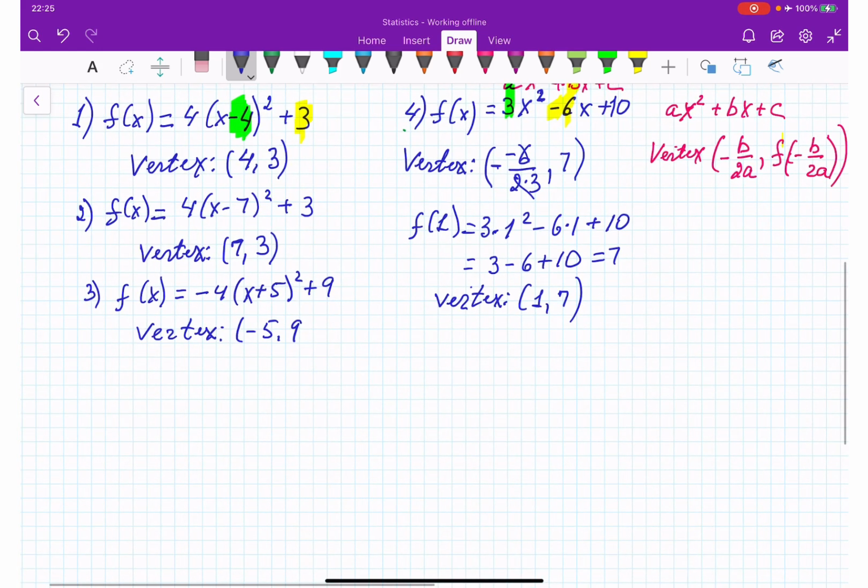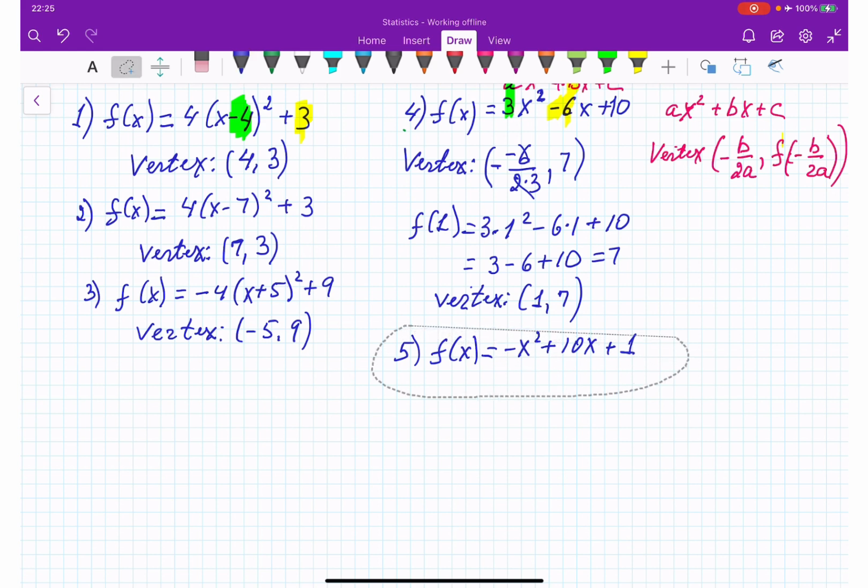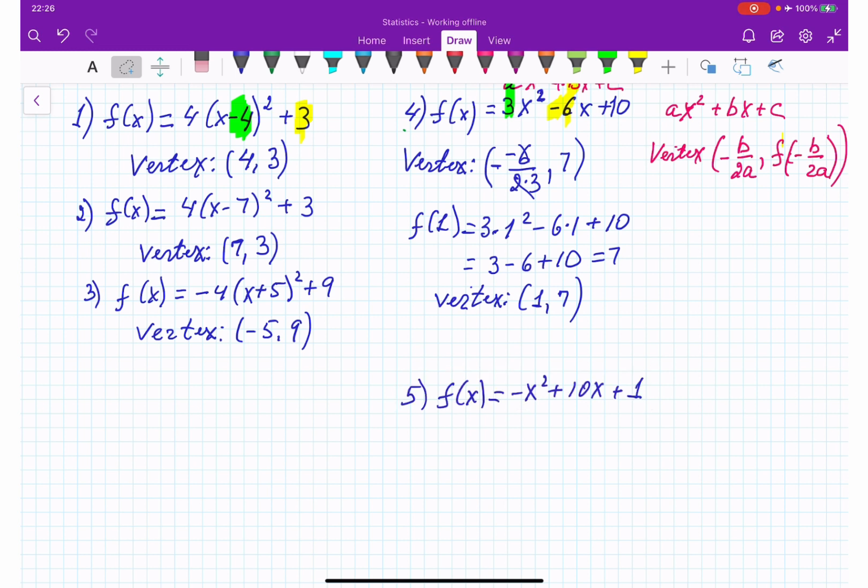Question number 5, we have f of x equal to negative x squared plus 10x plus 1. Let me move a little bit down. There we go.